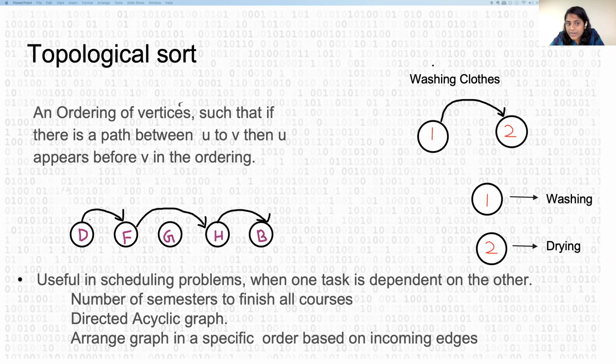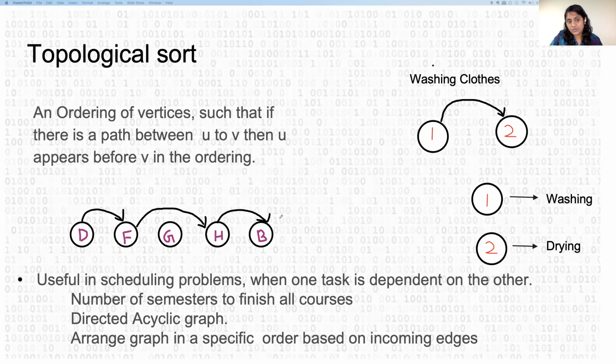It's applicable only for directed acyclic graphs. An acyclic graph is nothing but a graph that has no cycles. Let's say there is a cycle, then we won't be able to do this topological sorting. So this is applicable only for directed acyclic graphs. The first step is to arrange the graph in a specific order based on the incoming edges, like this graph, where the edges are pointing in one direction.